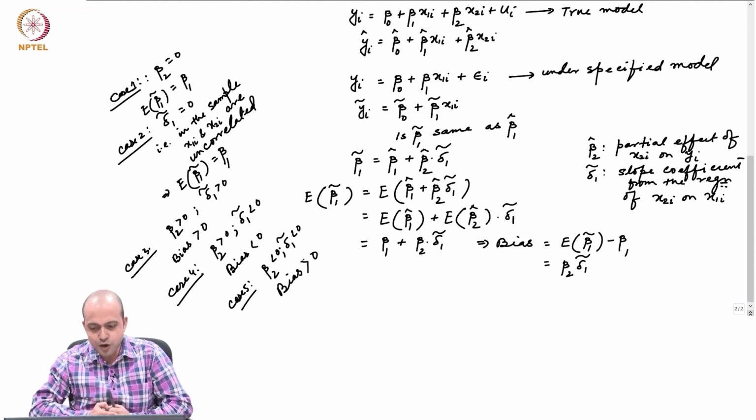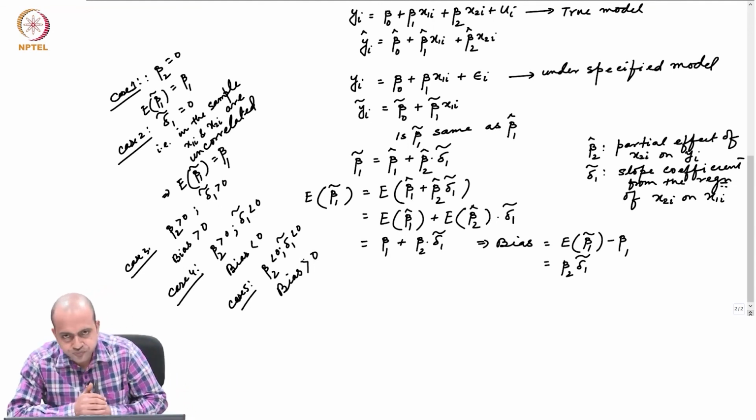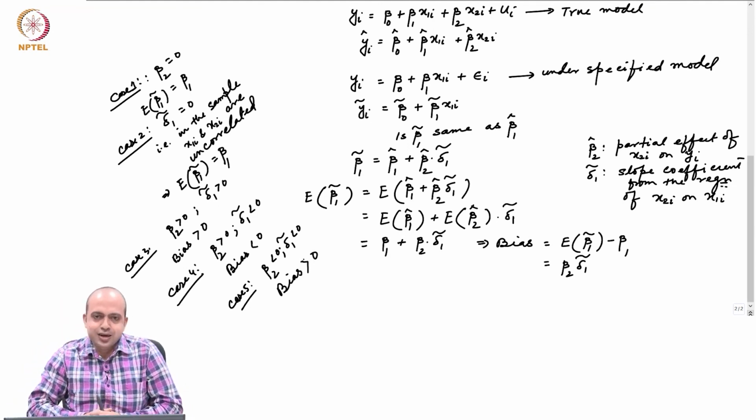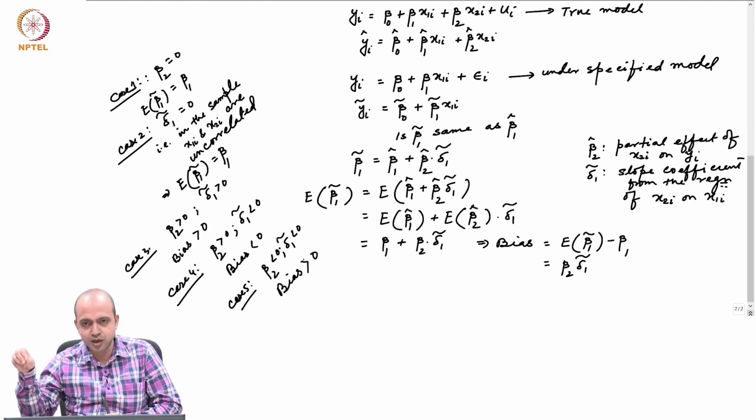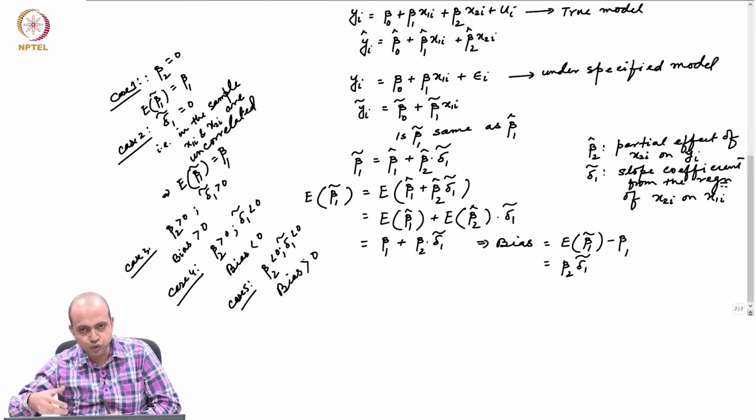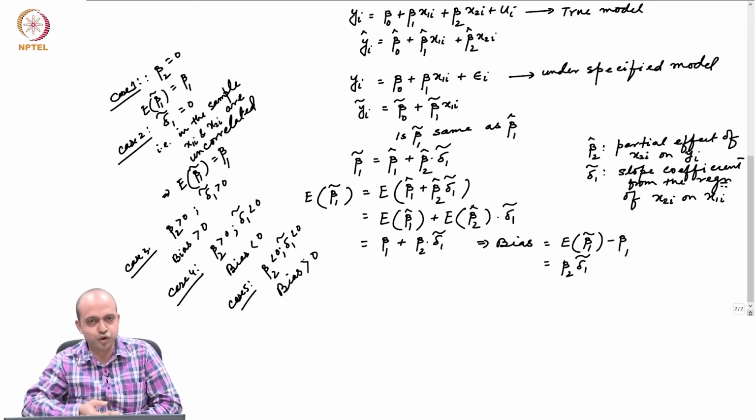This particular example makes us understand the importance of omitted variable bias. Even if our objective is to estimate the impact of education on wage, we should include other relevant factors also, like ability. We have taken only one example. If you have many other variables like age and experience, we have to include those variables also, otherwise again your model will suffer from model misspecification.